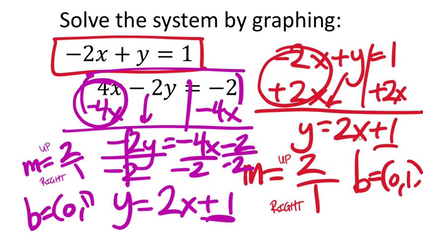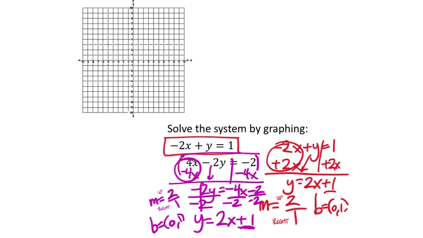So let's go back to the graph then. We have all the information we need. I'll start with the red equation, starting with the ordered pair 0, 1 right here. And then my slope being 2 over 1 means I would go up 2 to the right 1, up 2 to the right 1, and so on.